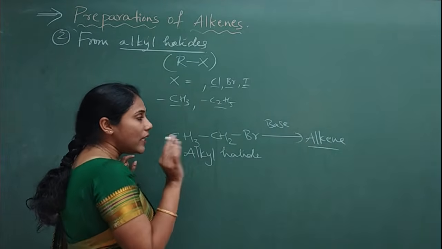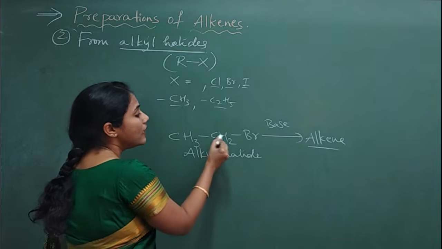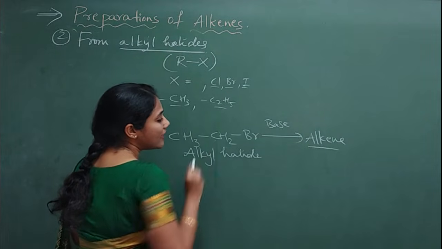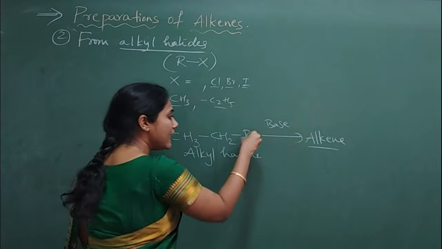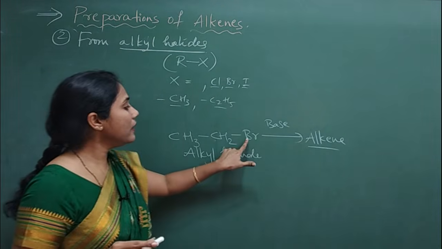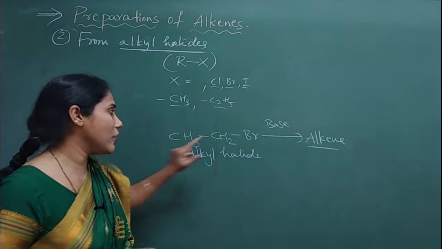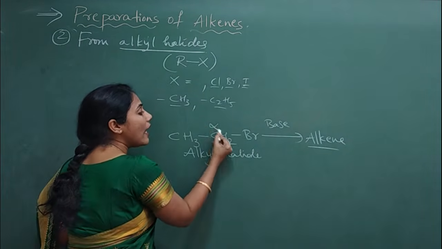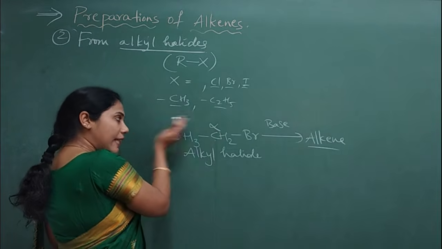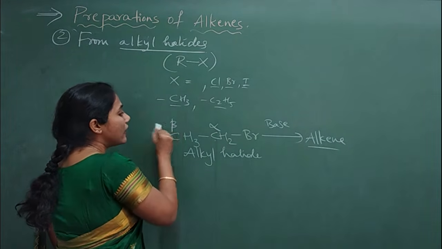Fine. First thing you will have to know is the type of carbon. To this carbon, Br is directly attached. Br is like a substituent group, some special group. The carbon to which the substituent or functional group is attached is called the alpha carbon. The next carbon after alpha is called the beta carbon.